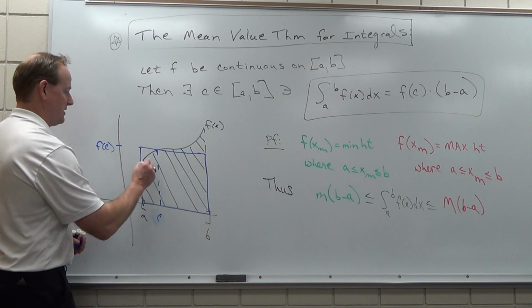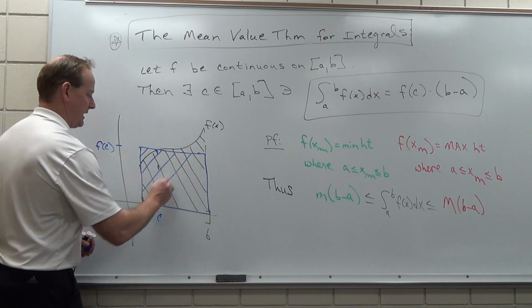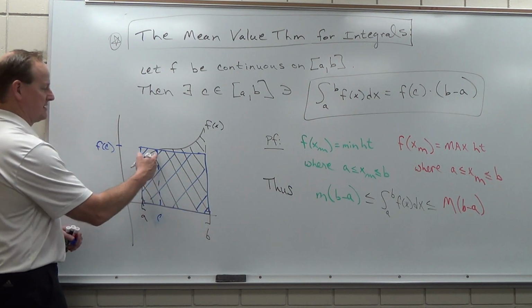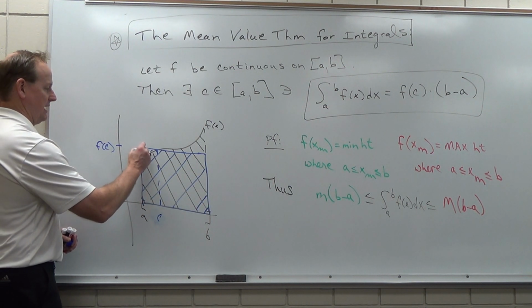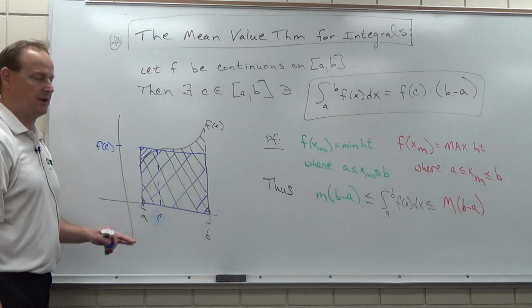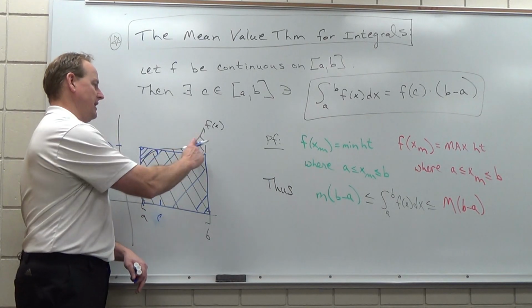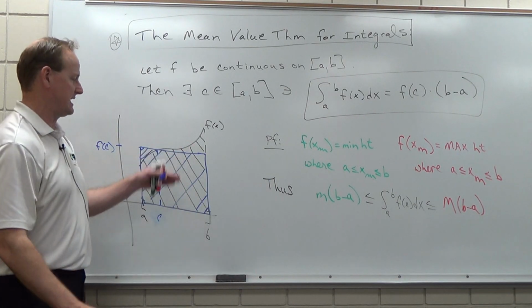or a rectangle. So what I have is an area of a rectangle, and notice that at places there's some extra area up here that wasn't under f of x, and there's some other area up here that was under f of x that's not in the box.